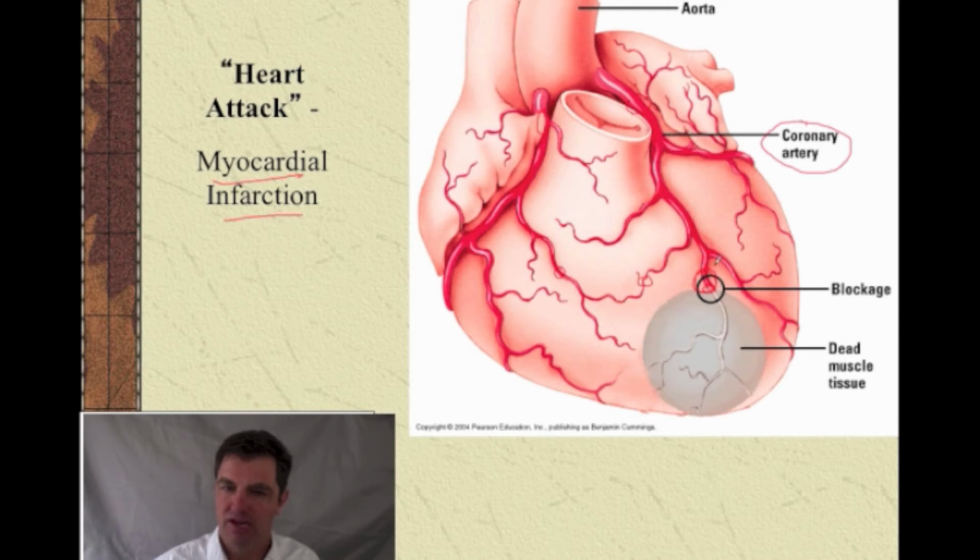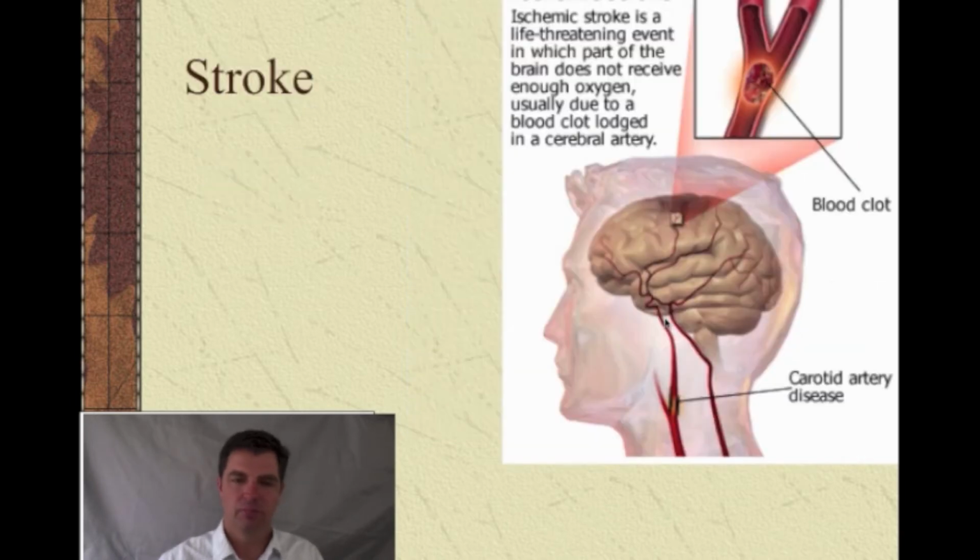If you think about this being like a freeway or a street, roads flowing, if you cut off the road, you get no flow to that area of the heart, and that muscle ends up dying there. And depending on the extent of that, you can basically kill the whole heart, and then therefore ruin the pump.